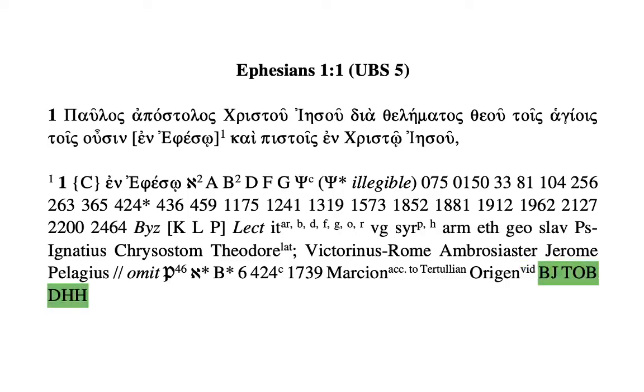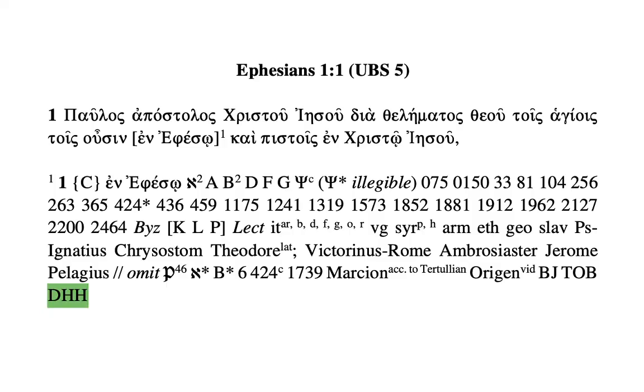Then the final 3 are modern translations. So they're not ancient testimony, they are modern Bible translations. BJ and TOB refer to 2 different French translations, and then DHH refers to a Spanish translation.